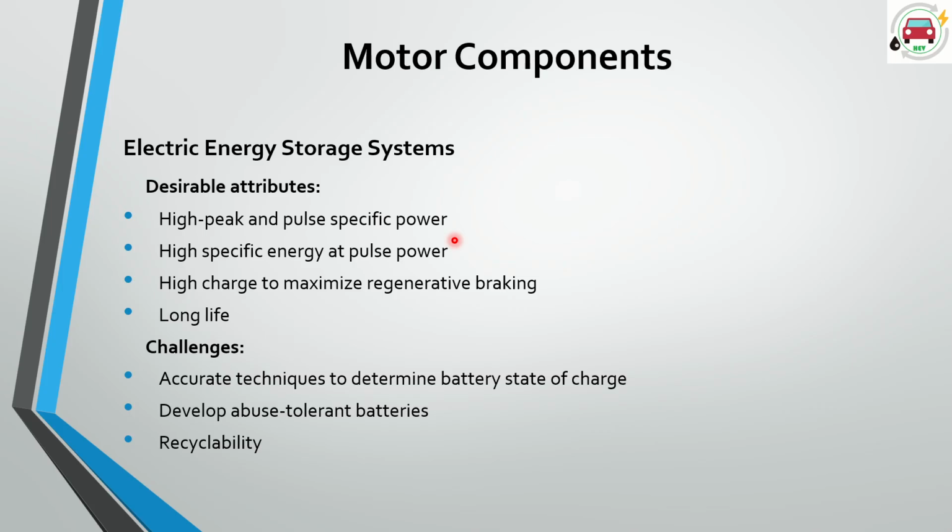When the vehicle is going up the slope, it needs high specific power, and at that position the vehicle should not get stuck. It should sustain that high torque and provide the needed power. So these are some specific desirable attributes we need to have.